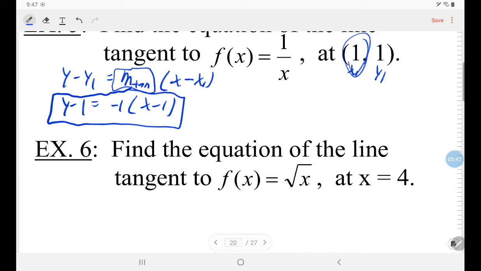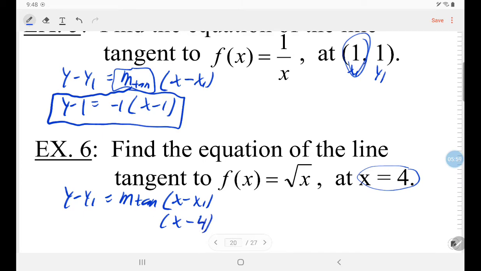Now our second equation, again, y minus y1 equals the slope of our tangent line times x minus x1. This time all I'm given is the 4 here for x1. So the first thing I'd like to find is the y.